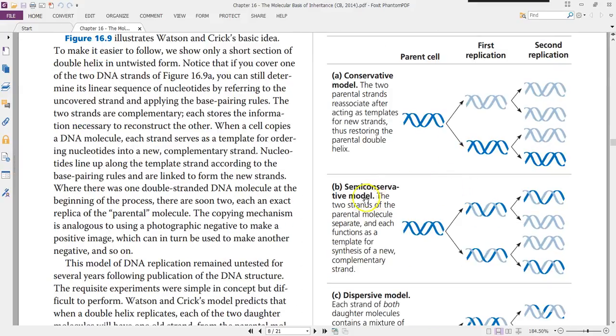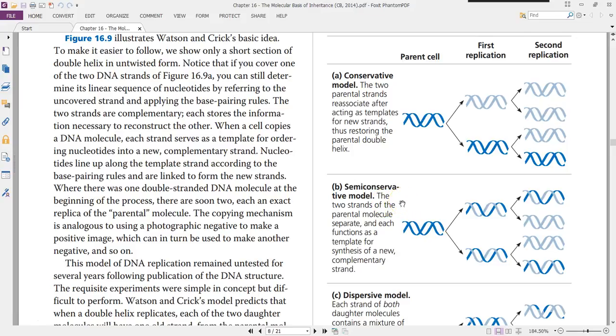So here we can see the semi-conservative model. We have the two parental strands of the parent DNA molecule being preserved and lined up with two new daughter strands, so that each new daughter DNA molecule has one parental strand and one daughter strand, and that's why we call it the semi-conservative model of replication.